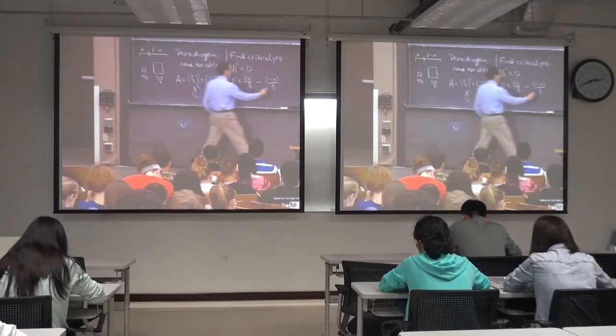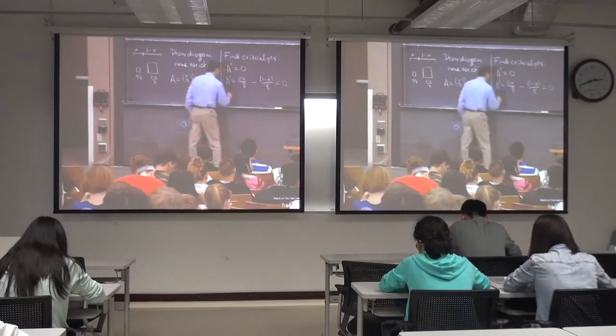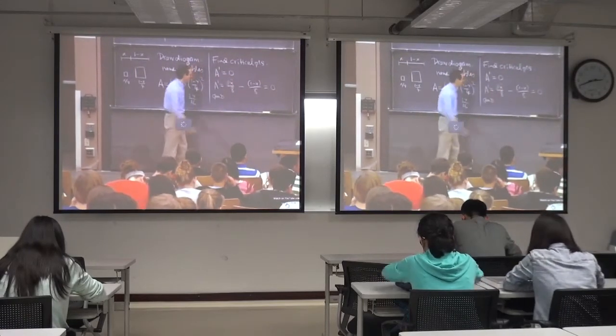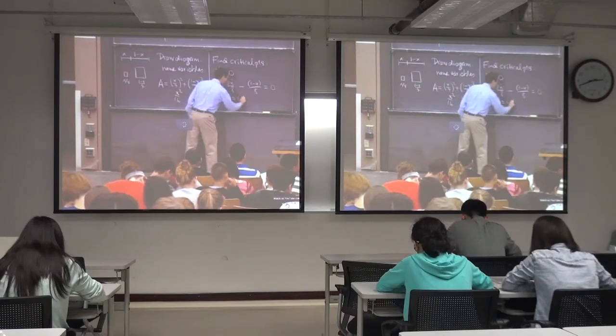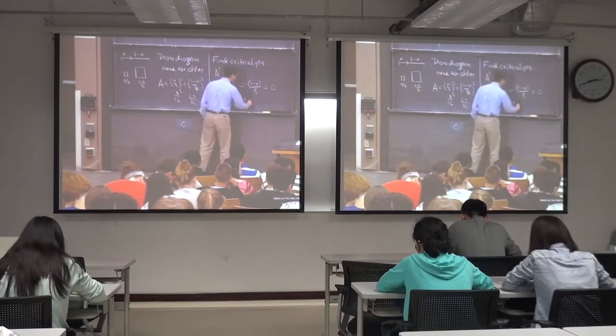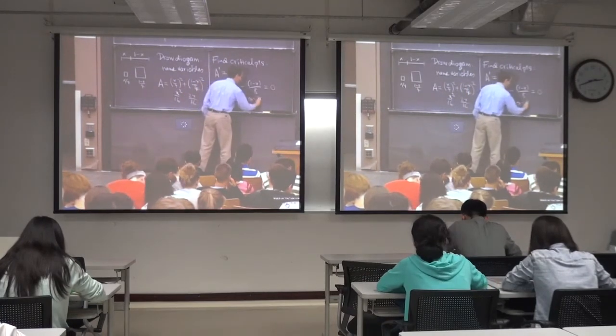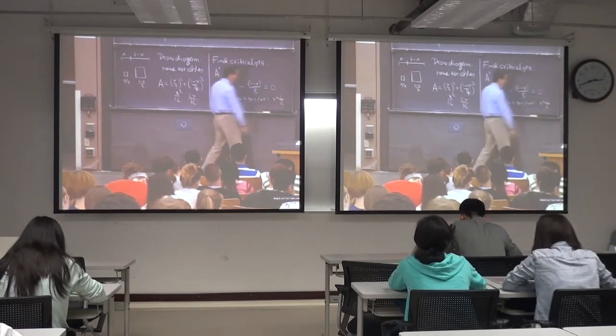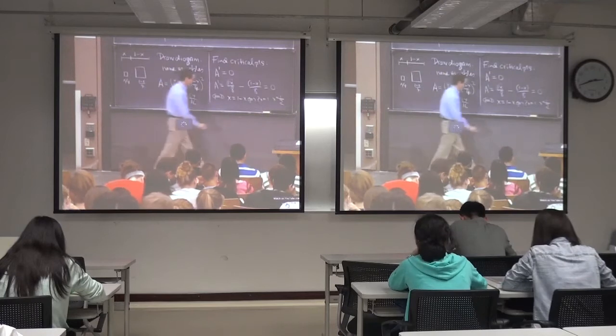All right, so now this is equal to 0 if and only if x is equal to 1 minus x, that's 2x is equal to 1, or in other words, x is a half. All right? So there's a critical point.